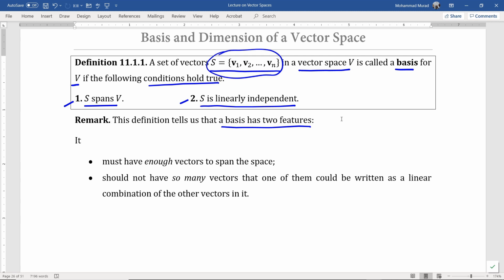It must have enough vectors to span the space. It should not have so many vectors that one of them could be written as a linear combination of the vectors in it.